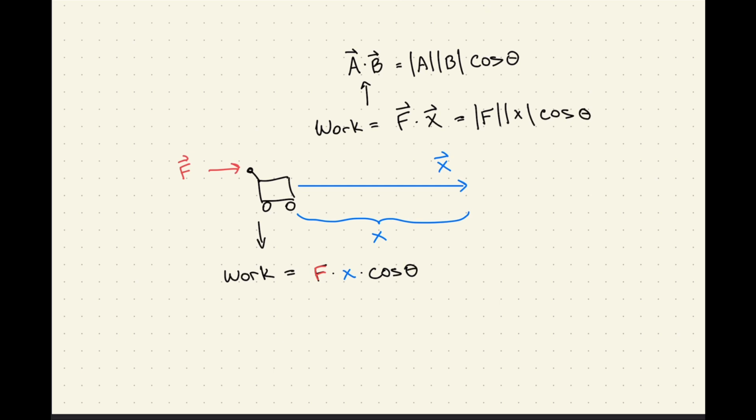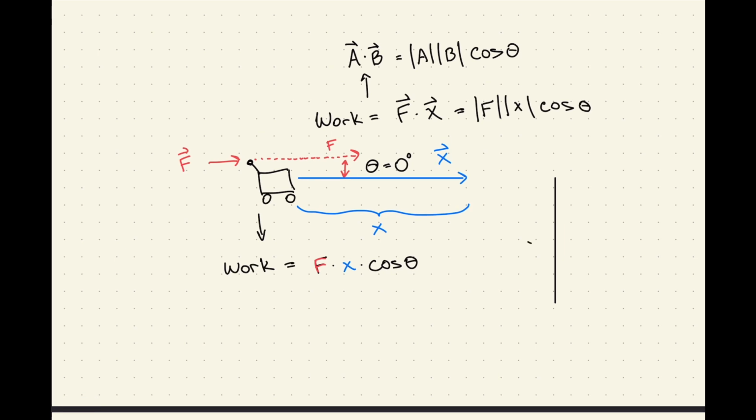Now take a look at the angle between them. Let's say I were to expand this force vector so that it is over here, right? This is just me expanding the force vector. It's right here. What is the angle between these two? What is theta? Well, they're pointing in the same direction, so the angle is 0 degrees. Now, if you remember, the cosine function looks like this.